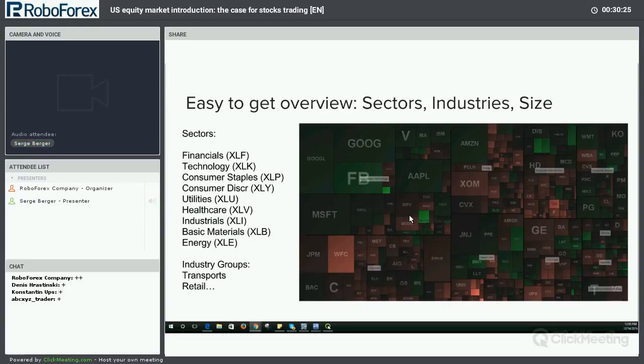The US stock market is essentially divided up by market capitalization, large cap, small cap, mid cap, like we said before. But what I want to talk about in this slide is that US stocks are, more importantly in my opinion, divided up by different sectors and industry groups.